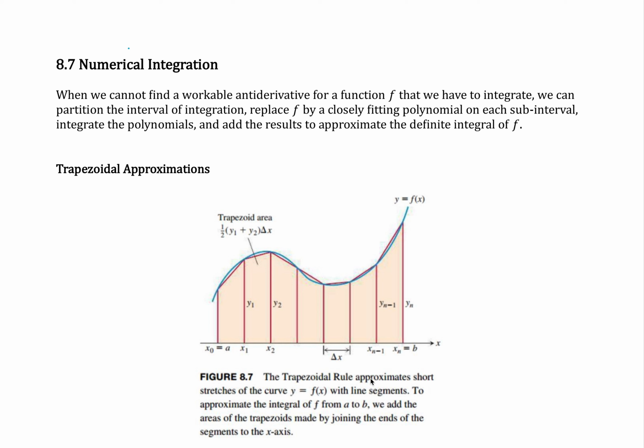The x-axis is subdivided into these intervals of width delta x, and if you remember the way to find the area of a trapezoid, you're going to take that width delta x times the average of the two heights, in this case the left and the right height, represented by y1 and y2. So if we use that idea and find the area of all of these different trapezoids and then sum them up, we can approximate the area under the curve.